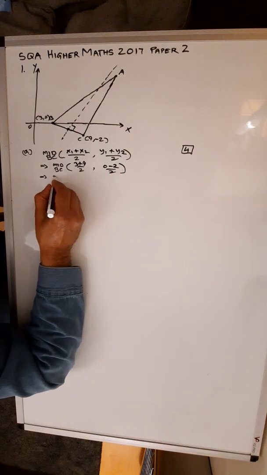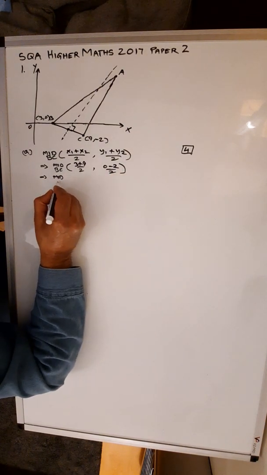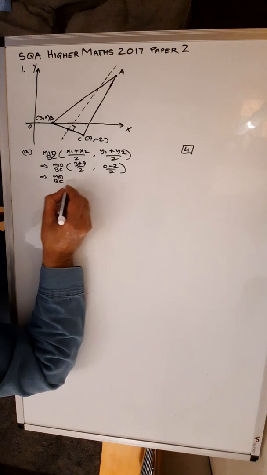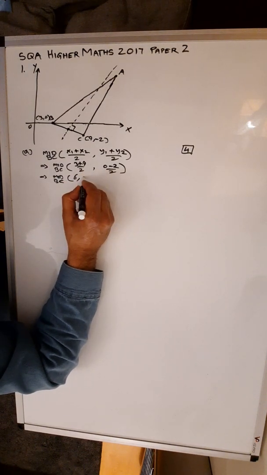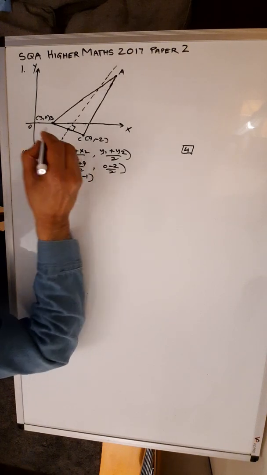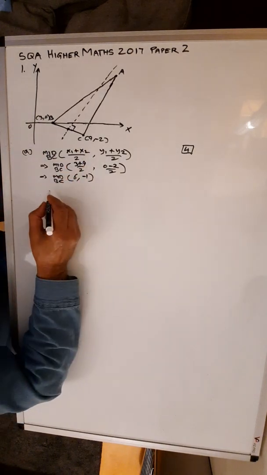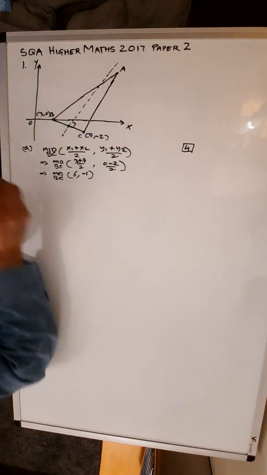That implies mid BC is the point 12 divided by 2 is 6, minus 2 over 2 is minus 1, so that is mid BC. Then you want the gradient of BC.